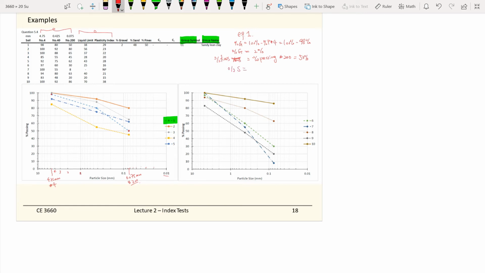Percent sand is equal to 100% minus percent gravel and also minus percent fines. So it's 100% minus 2%, also minus 50%. So percent sand is equal to 40%.